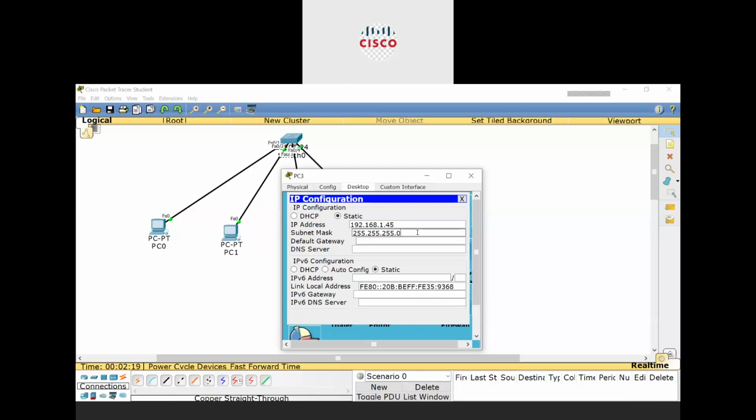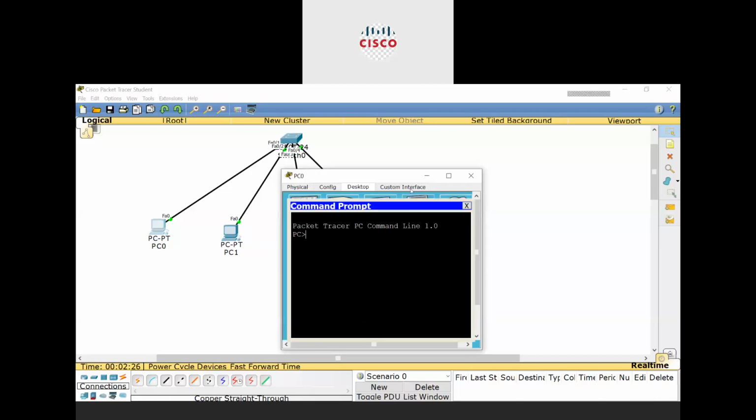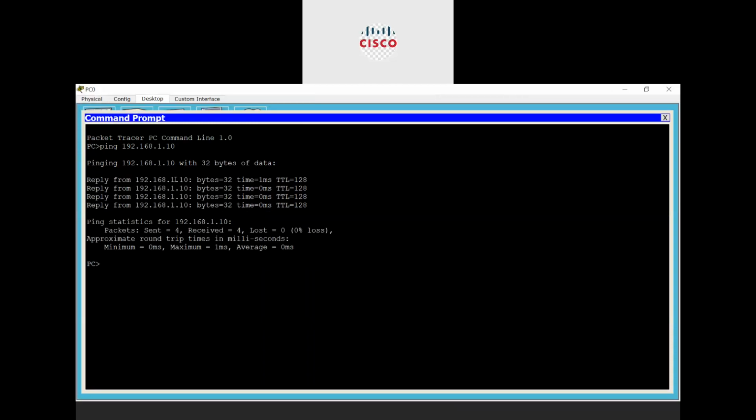Okay, now let's verify whether these devices can communicate with each other or not. So I will ping 192.168.1.10. Yes, I'm getting a reply from 192.168.1.10.